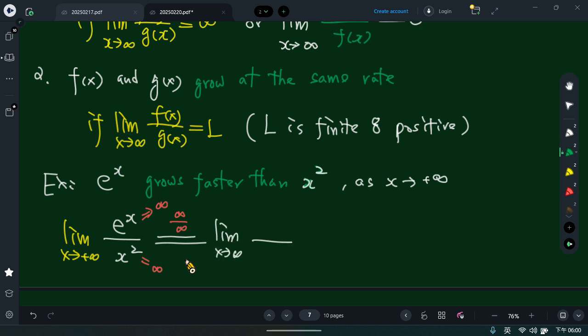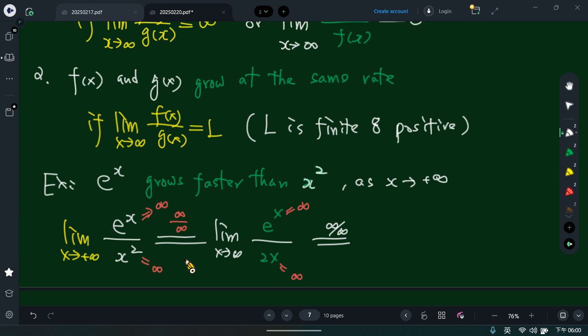We get e to the power x over 2x. Again, replacing x with infinity, we get infinity over infinity.